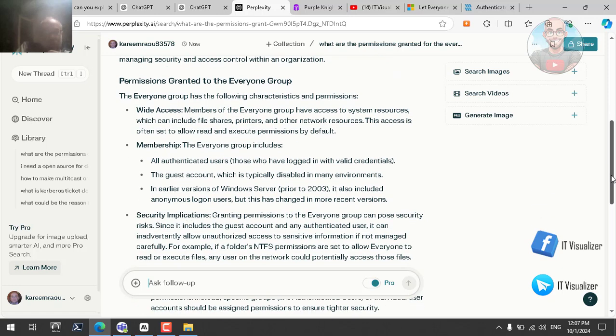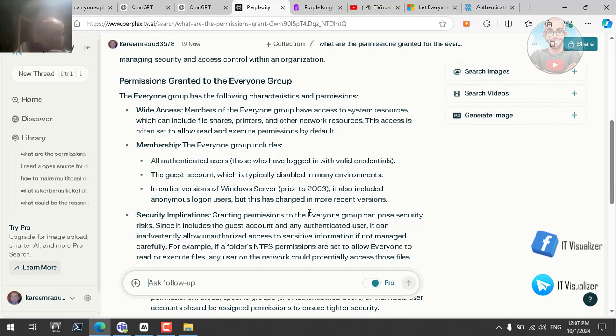Membership. So who are the members of this group? All authenticated users, who have logged in with valid credentials. The guest account is typically disabled in many environments. In earlier versions of Windows prior to 2003, it also included anonymous login users, but this has been changed. Okay, so anonymous users were added to this group before, but in Windows 2003 it was removed for security reasons.